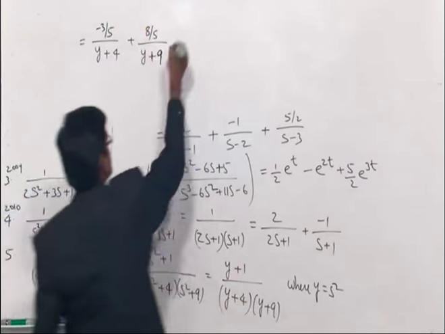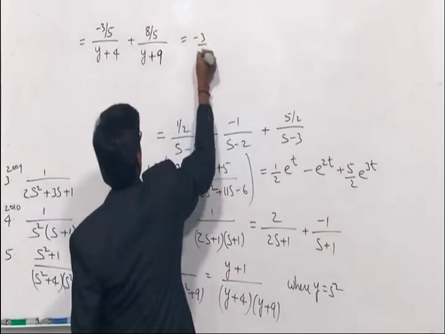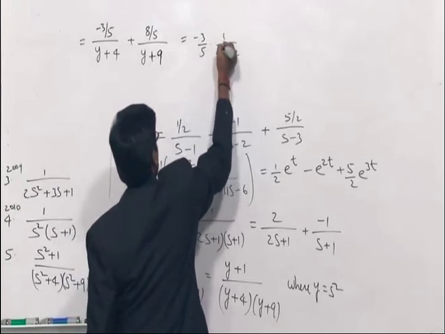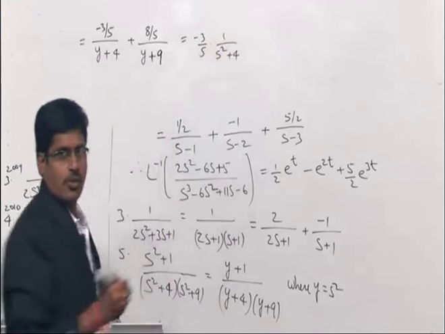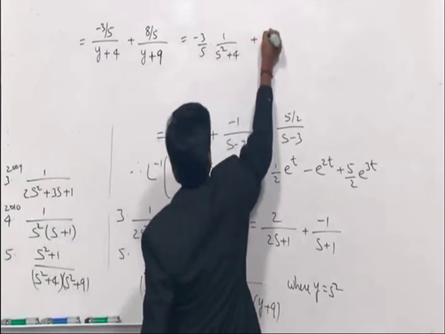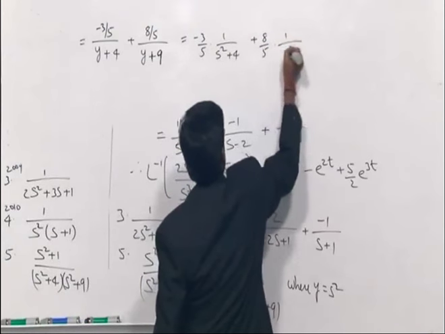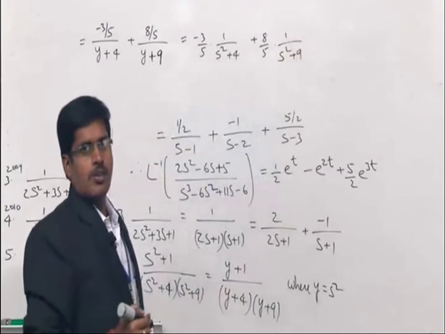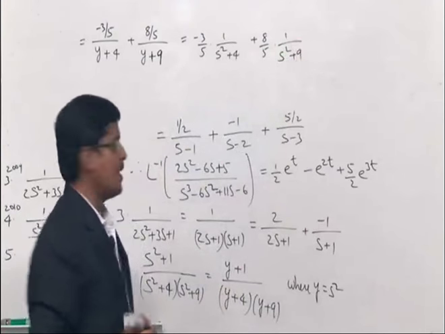And later you simplify to this: minus 3 by 5 into 1 over y is replaced by original term, because it is a known formula, 1 over s square plus 4, and 8 by 5 it is 1 over s square plus 9. So 1 over s square plus a square is in the form of sin at by a.